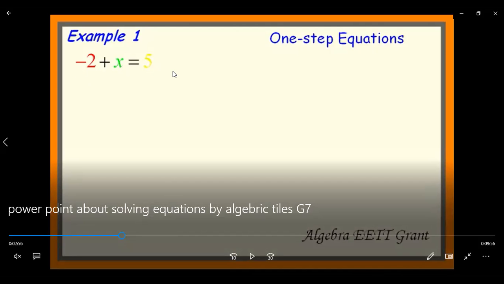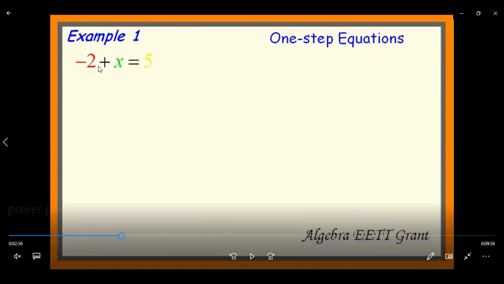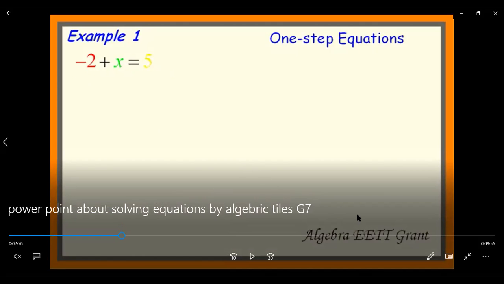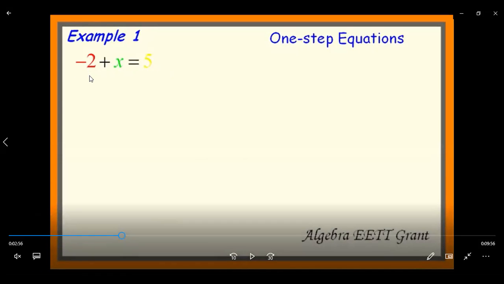We have two sides, right? And we have a variable, which is x. We want to solve this equation. Then we look at the number next to it, which is negative 2, so we will add the additive inverse. What is the additive inverse of negative 2, grade 7?